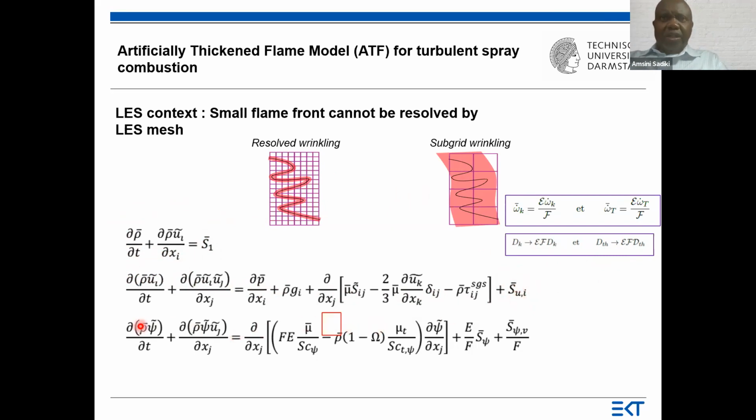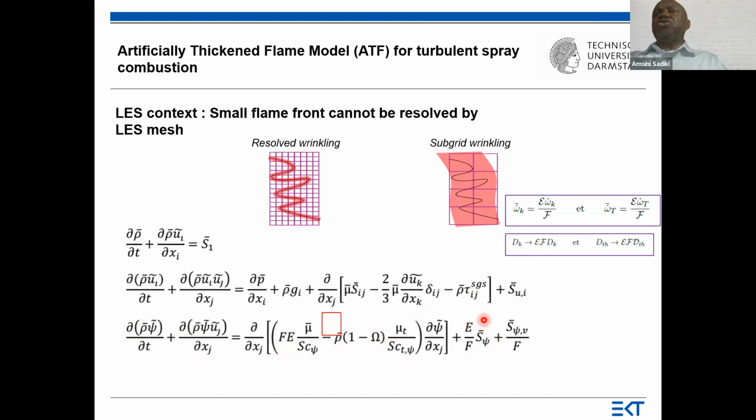And for the progress variable, which is affected by this thickening, we have the thickening factor multiplied by an efficiency factor. We also have to track the flame, and then we introduce the flame sensor.